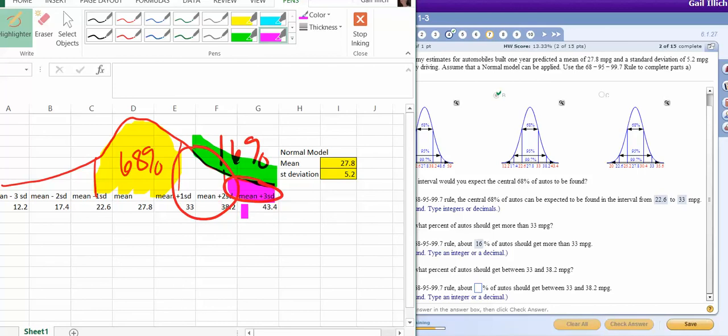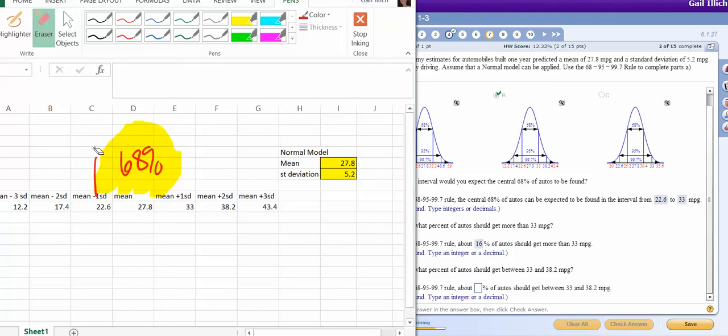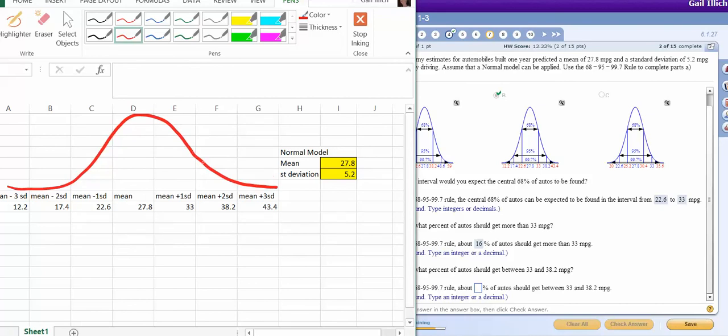Well, 38.2 is 2 standard deviations to the right. We know that 68% is within 1 standard deviation, and we know that 95% is within 2 standard deviations.